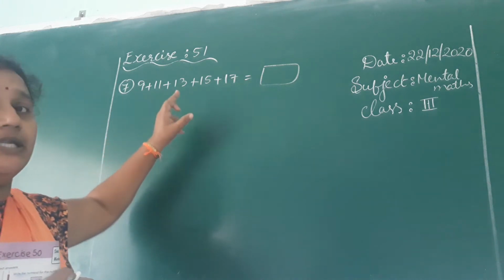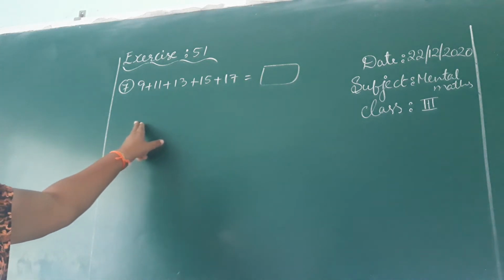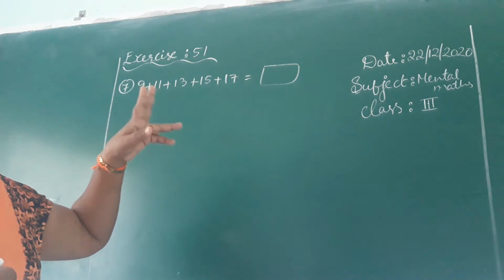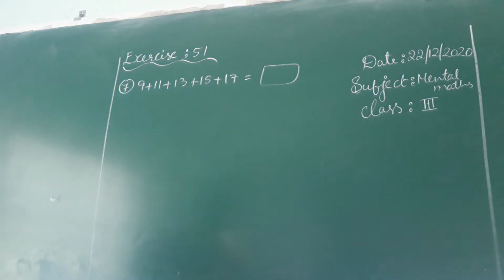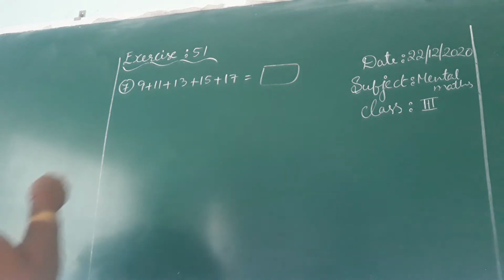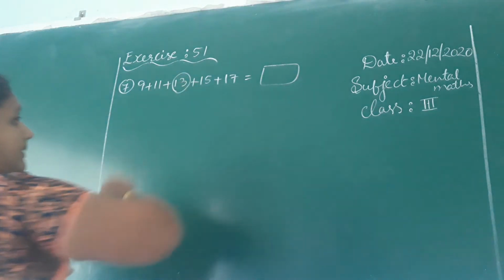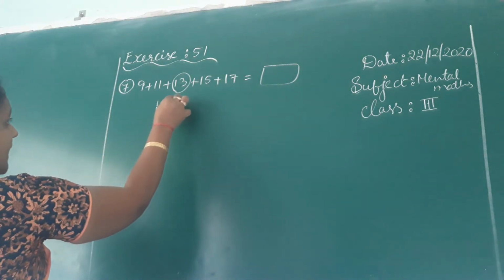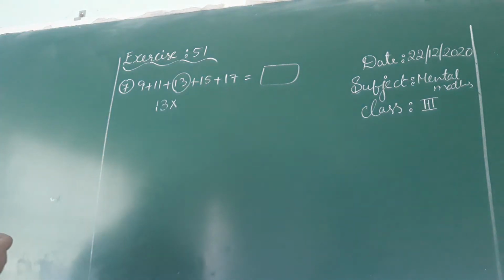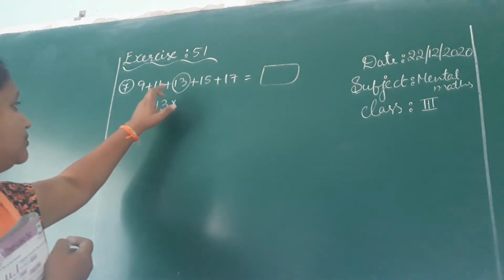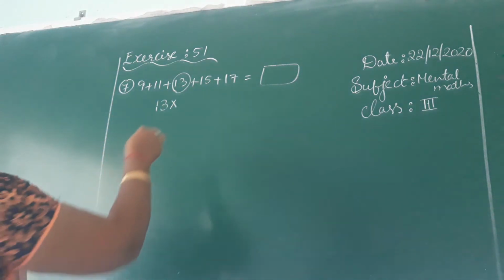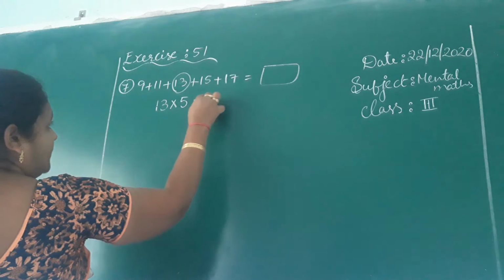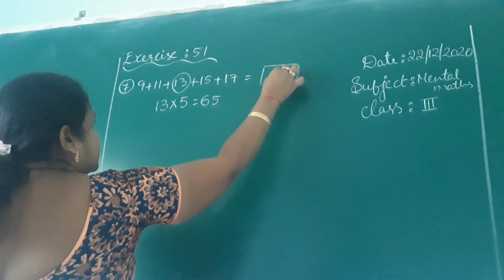Again 11 to 13, 2 difference. That means these numbers all differ by 2, and they have given all the numbers with that same difference. So circle the middle number. What is the middle number here? 13. And you have to multiply that middle number with how many numbers there are. 1, 2, 3, 4, 5 numbers. 13 fives are 65. That is the answer.